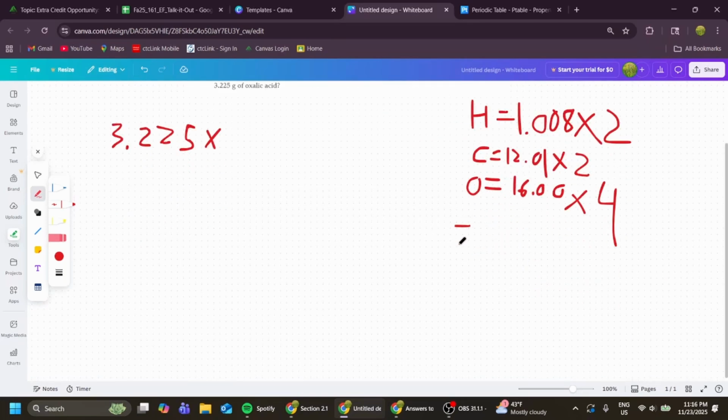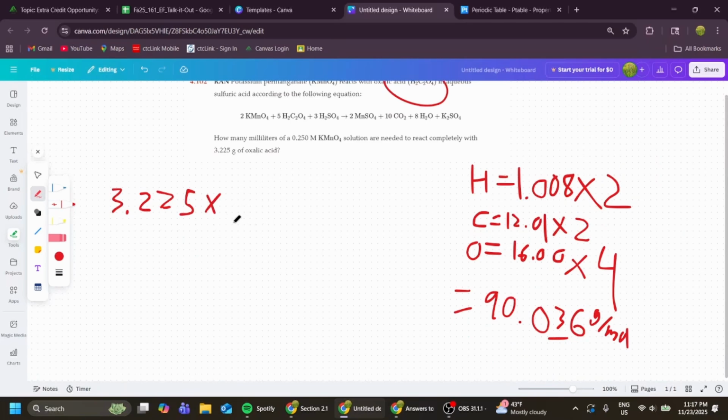And then if we put that all into the calculator, give me a second, we get 90.036, and this should be in grams per mole. Okay, the significant figure here I think is this.